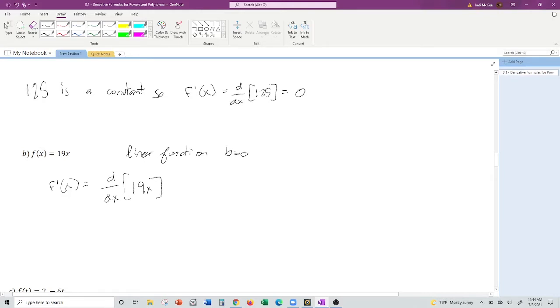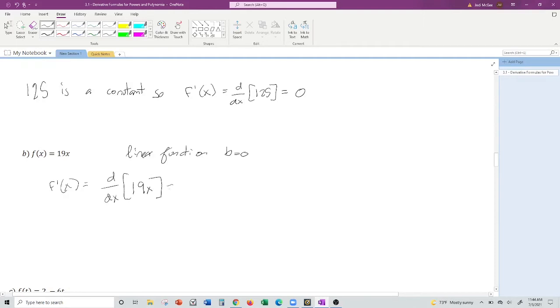If we had y is equal to mx plus b, we're adding plus 0 here. So our linear function with b is equal to 0. So we know that our derivative of a linear function must be the slope. And here the slope is 19. So we could just up and say, well, this is equal to 19. But I'm also going to show you why that's true based on the power rule.